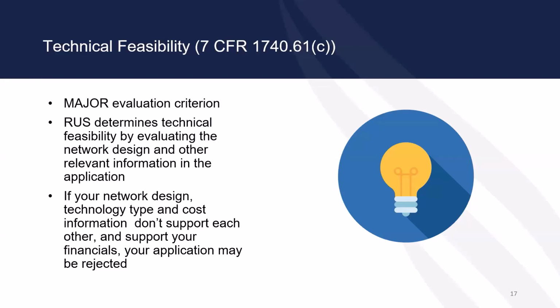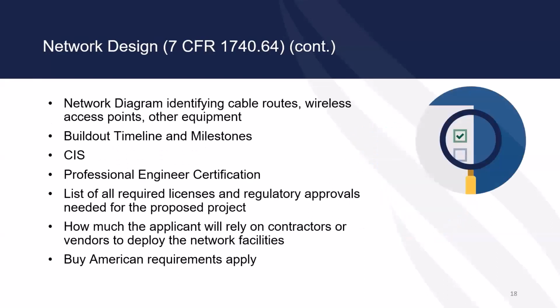And we could go as far as just rejecting the application based on the inadequacy of the technical feasibility grounds, because we don't understand existing and proposed network interoperability. Next slide, please.